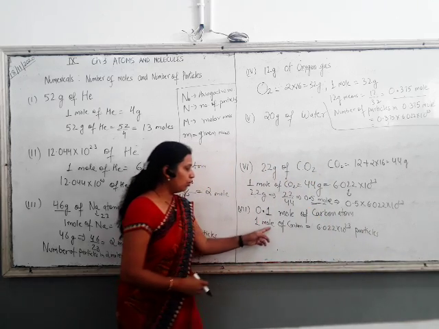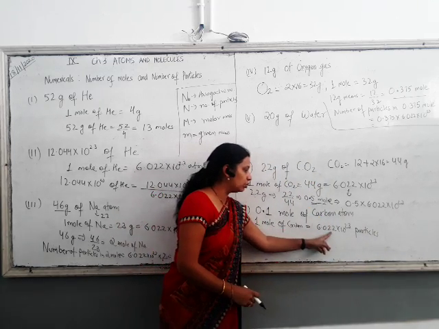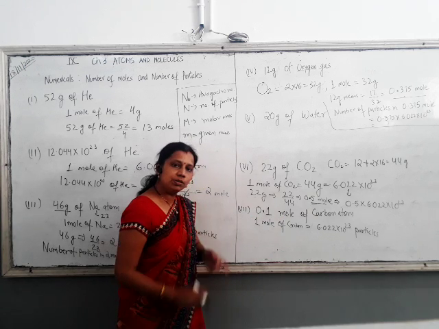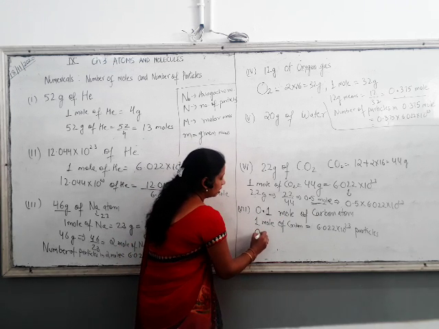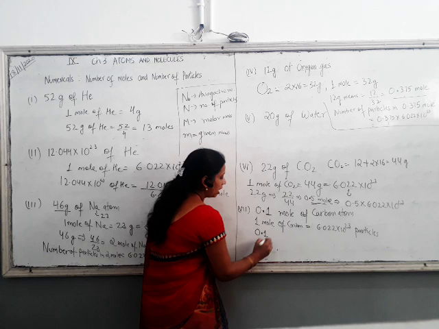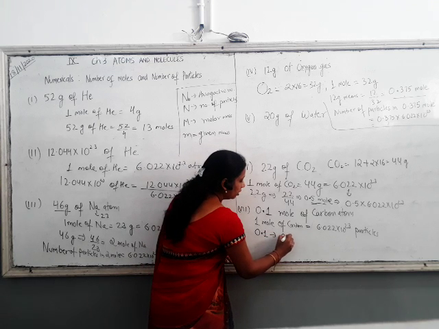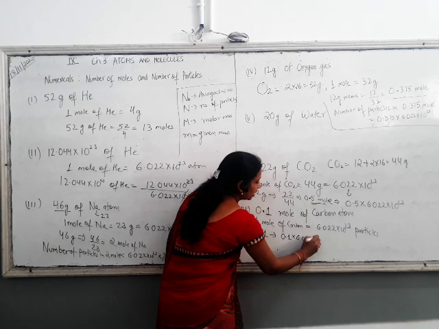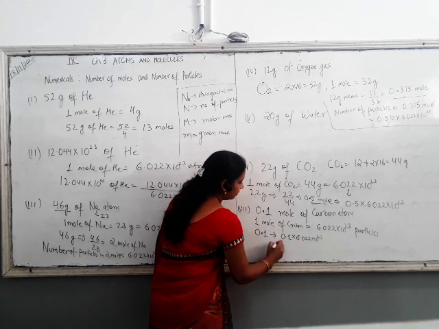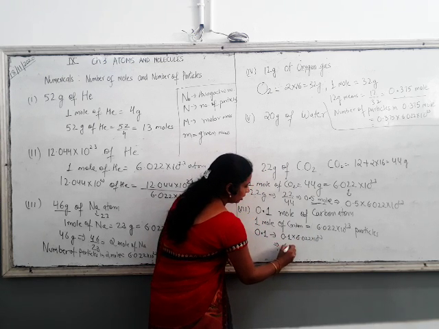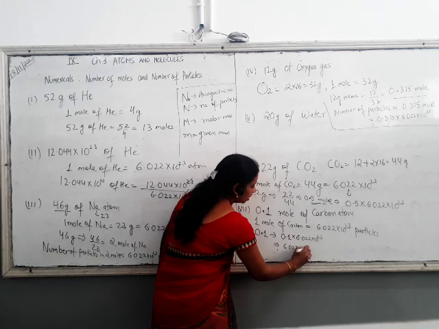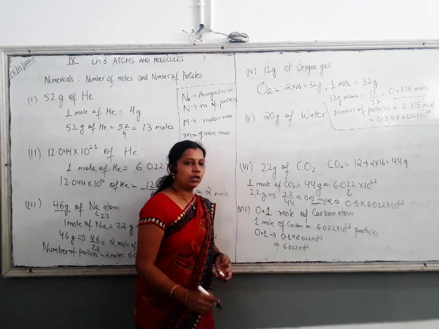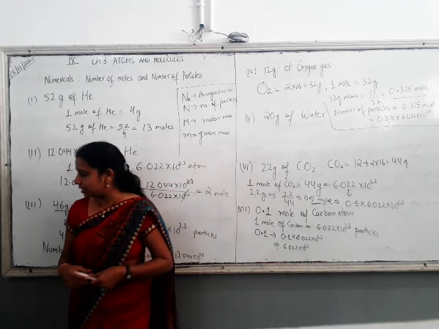Right? 1 mole of carbon means 6.022 into 10 power of 23 particles. So 0.1 mole means how many particles? Simply you have to multiply 0.1 with this much number of particles. So that will give you answer as 6.022 into 10 power of 22 particles are present in 0.1 mole of carbon atom.